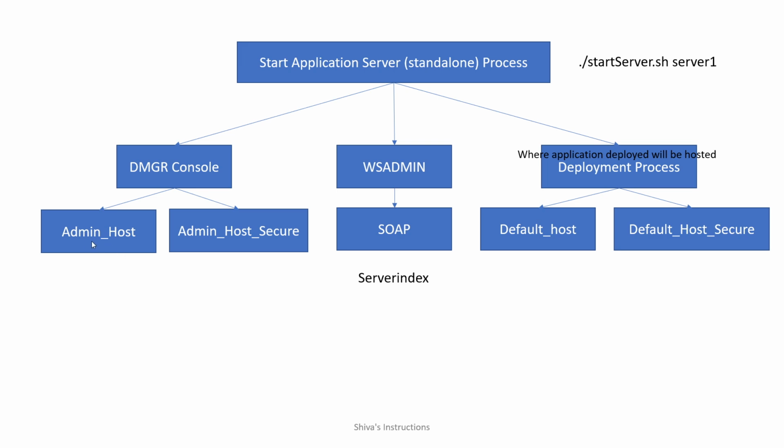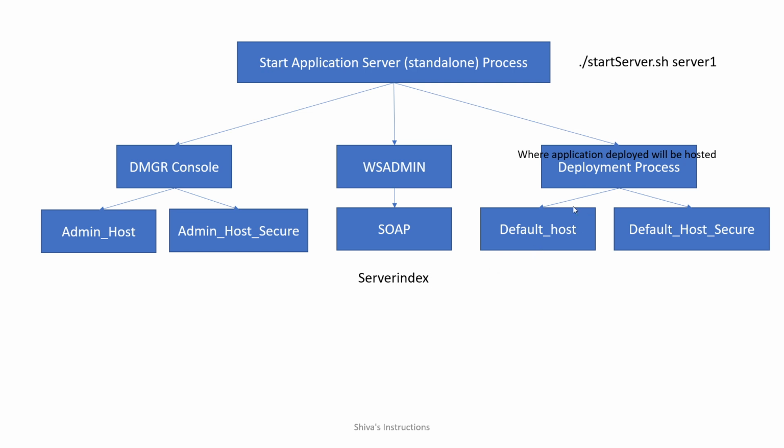Now I always remember the deployment manager console as the administrative console. The port names start with admin, A for administration: admin host and admin host secure. And for deployments, I just put the D word over there, which is default host and default host secure. So this is D for deployments. If we want to browse the deployed application, we need to use the port number which is in the serverindex.xml at the same level.